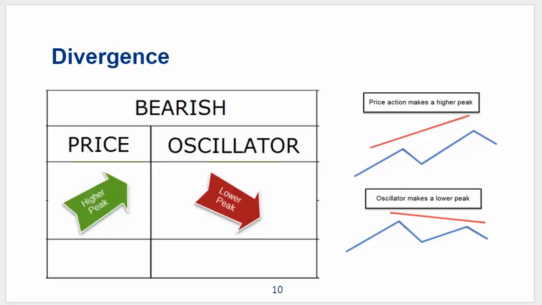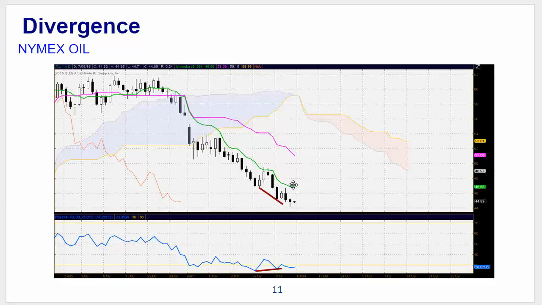So just looking at a chart of NYMEX oil, and here we see a recent divergence. Here we see price action trending down, and here we have the market making a series of lower peaks and troughs, and the one we're interested in here is this trough, and this is a bullish divergence. Here we see the trough, a lower trough on price action.